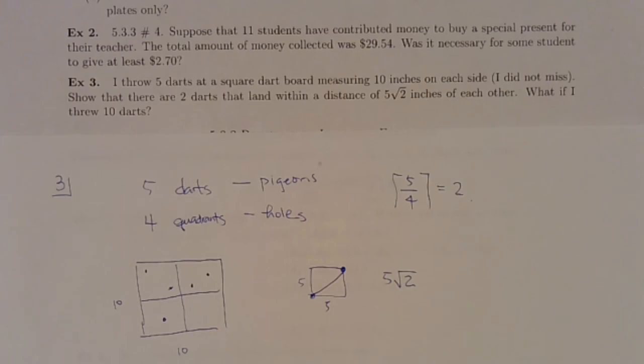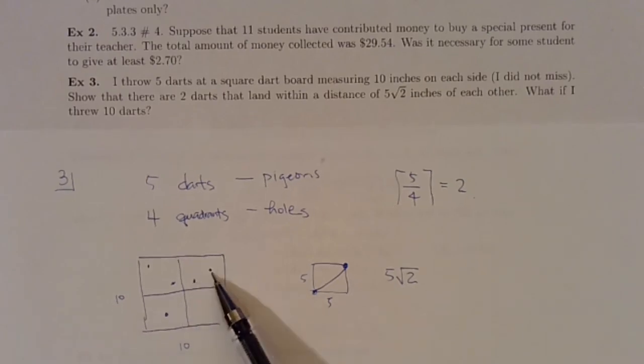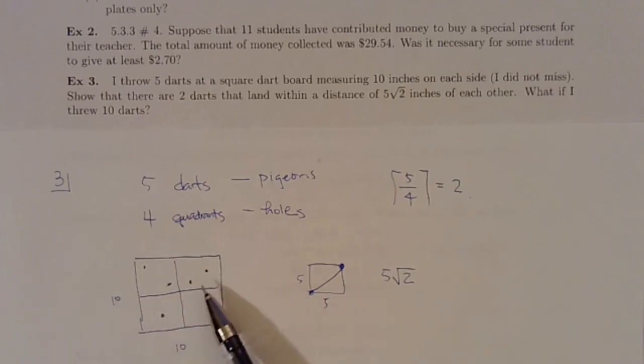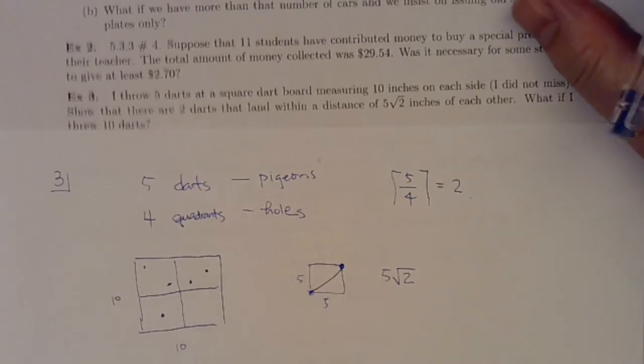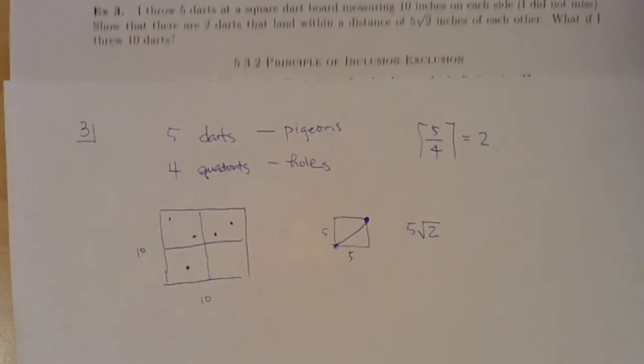But with 5 darts, you're guaranteed to have at least 2 darts in the same quadrant. Maybe all 5 are in the same quadrant. So you cannot say that there's exactly 2 darts in the same quadrant, but you can say there's at least 2. And in that quadrant, there might be 7 darts, 5 darts, whatever. But those 2 darts, by virtue of being in the same quadrant, are not too far apart.